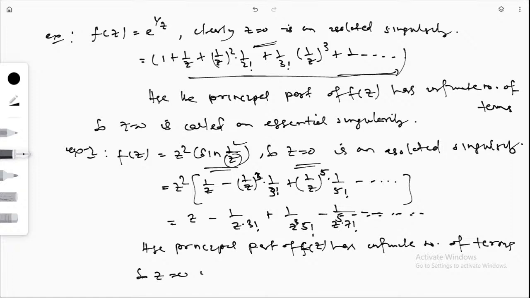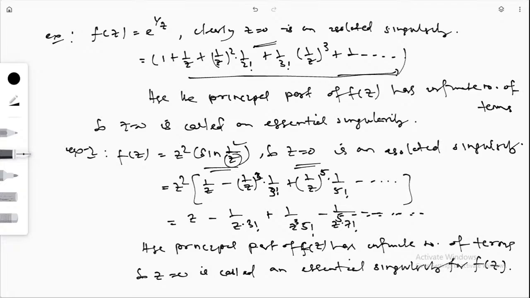So z equal to 0 is called an essential singularity for f(z). Okay, so now the classification of singularities is completed.